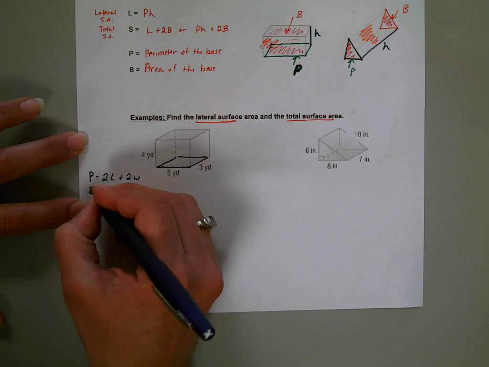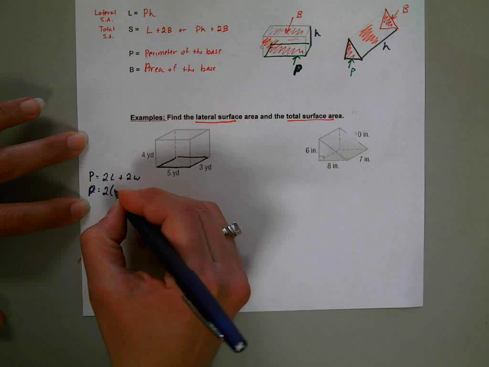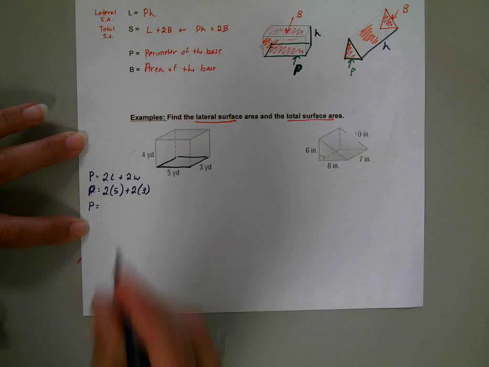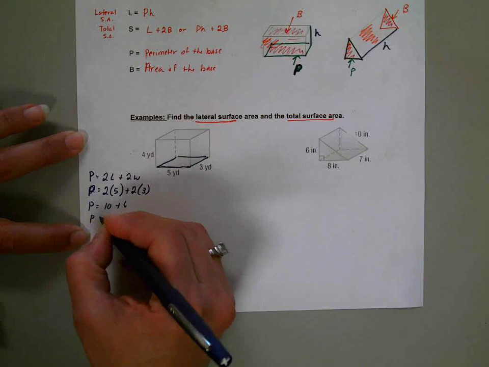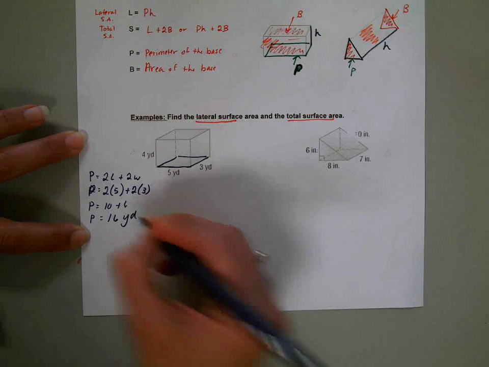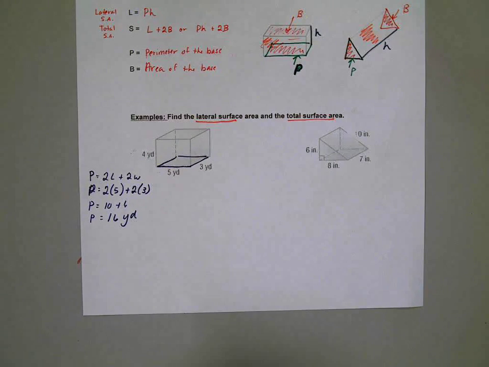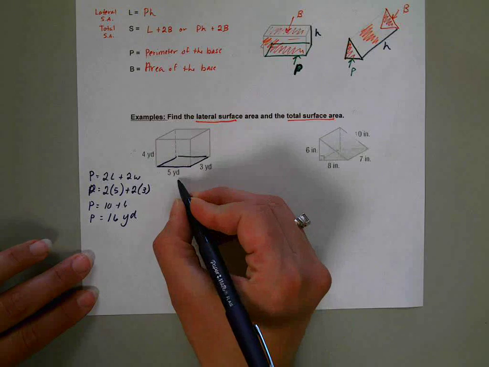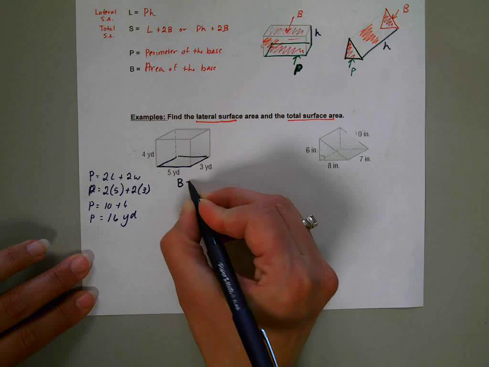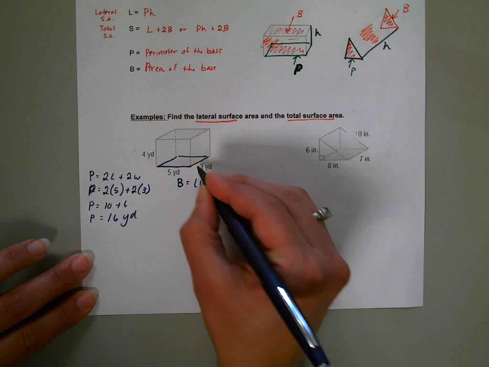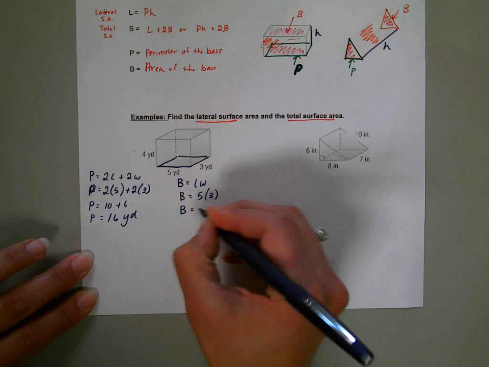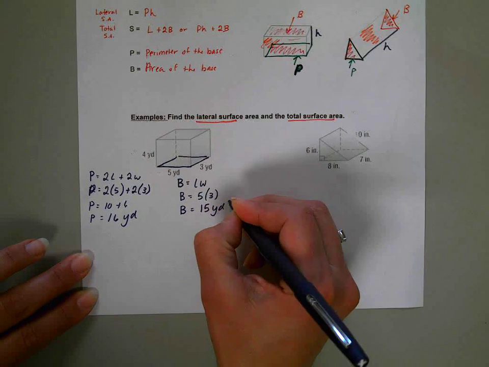So P equals 2 times 5 plus 2 times 3. So the perimeter is 10 plus 6, which is 16 yards. Now the area of the base. The base is a rectangle, so I'm doing length times width, 5 times 3. The area of my base is 15 square yards.